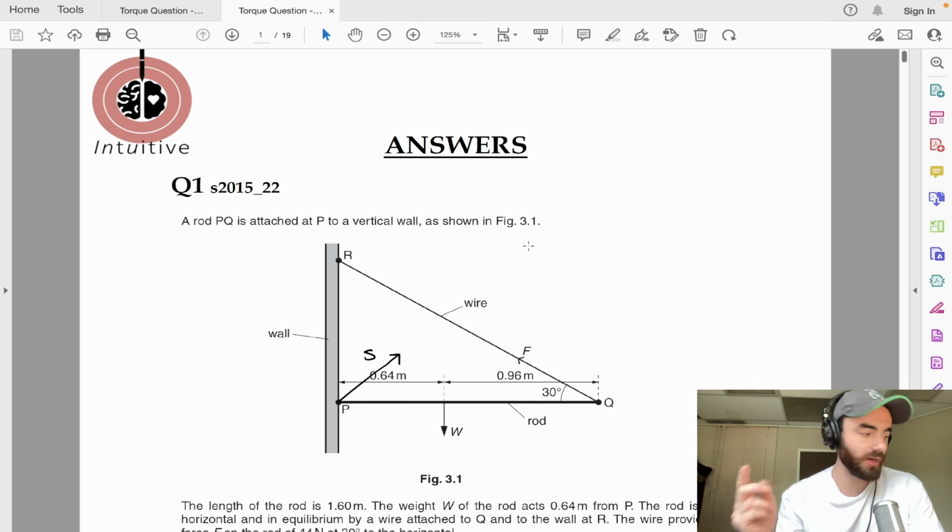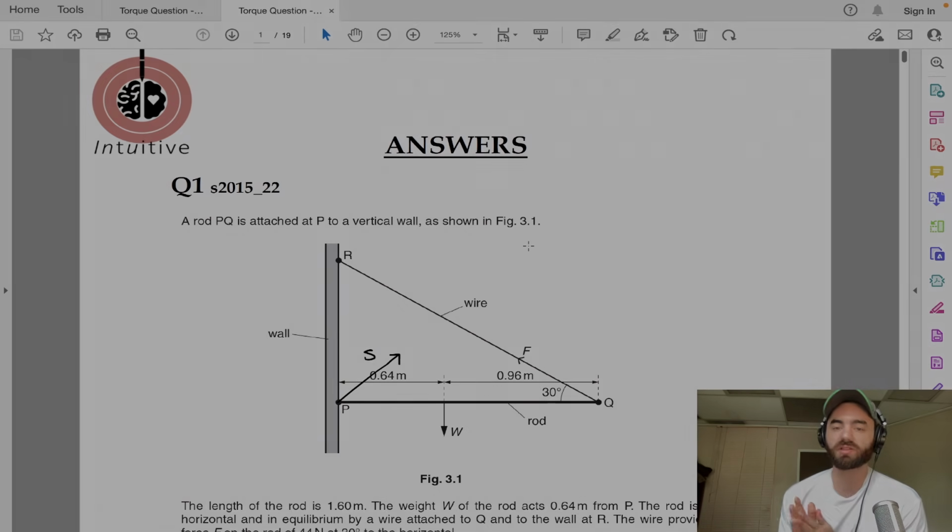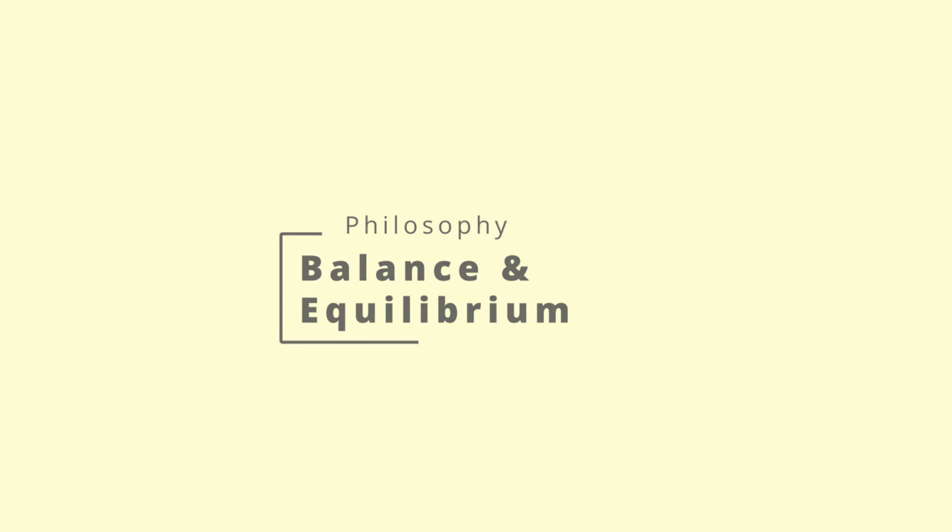Cool, that's it. Now I'm going to talk a little bit about balance and equilibrium, because it's something that pops up all the time in physics, justifiably so, because for some peculiar reason, the universe always tends towards balanced states.